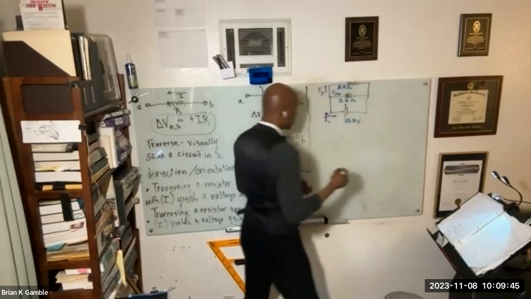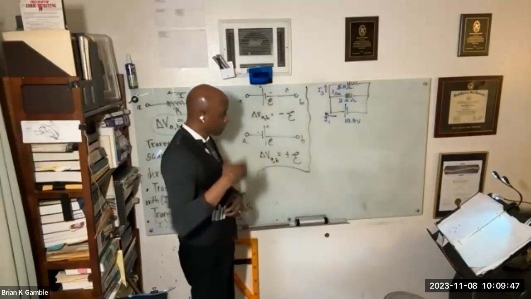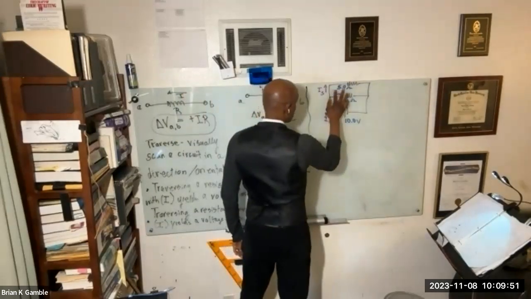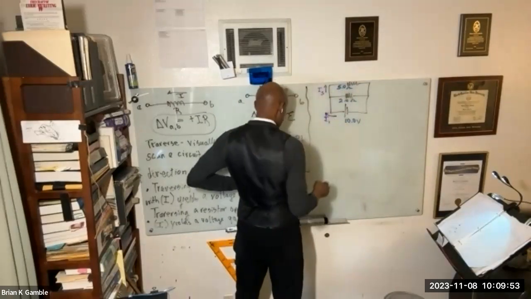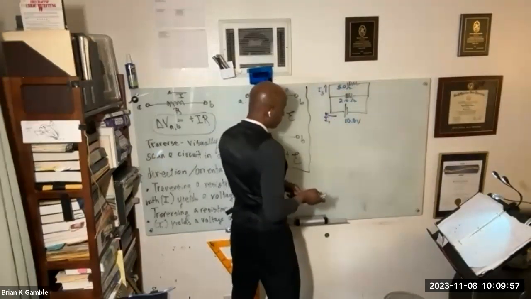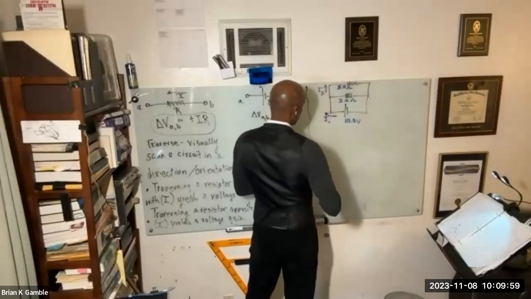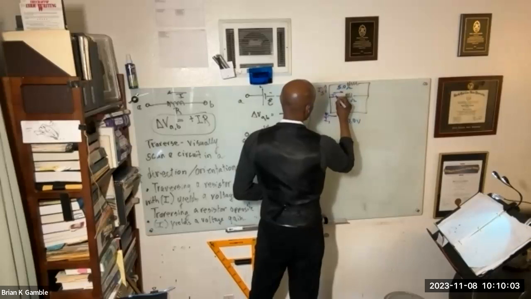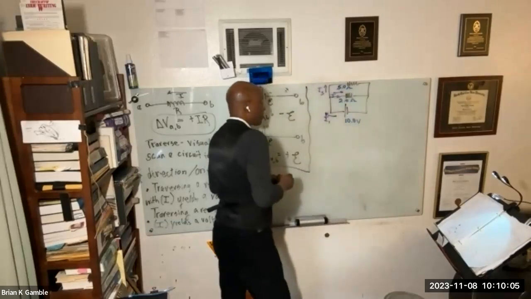So the first equation: we need three equations. We have three unknowns, I1, I2, and I3, so we definitely need three equations, and we can apply either rule to get them.